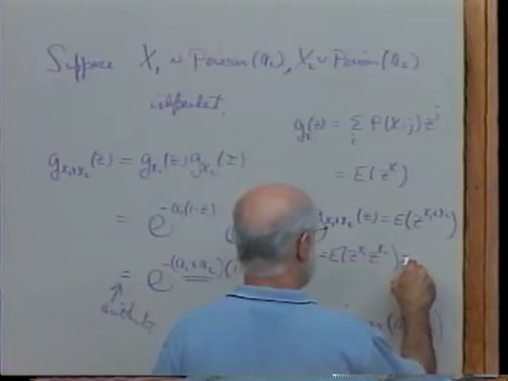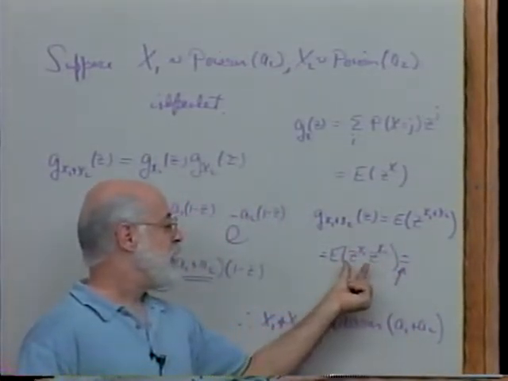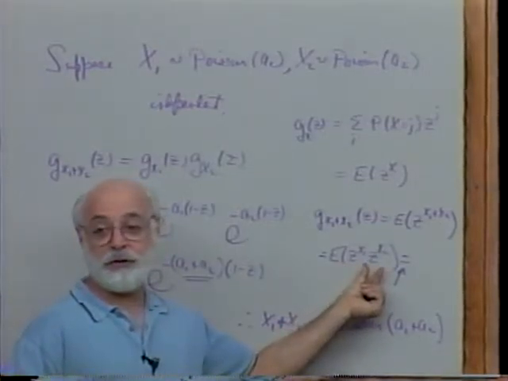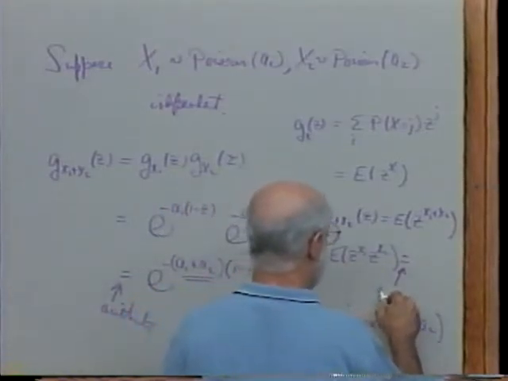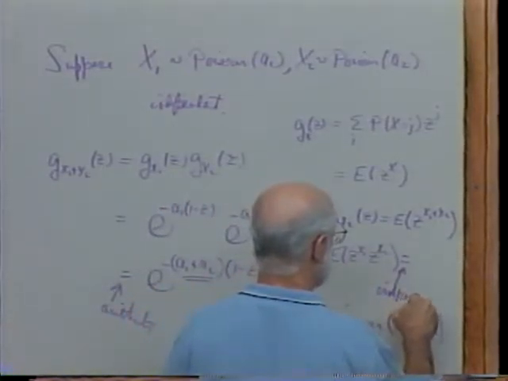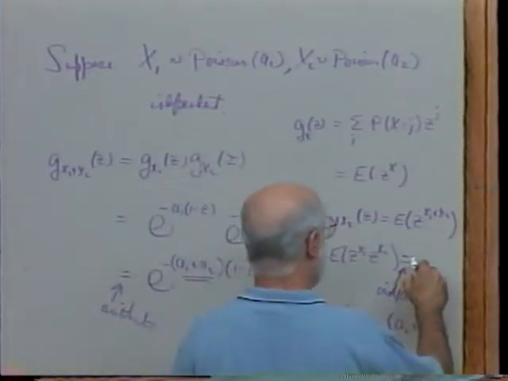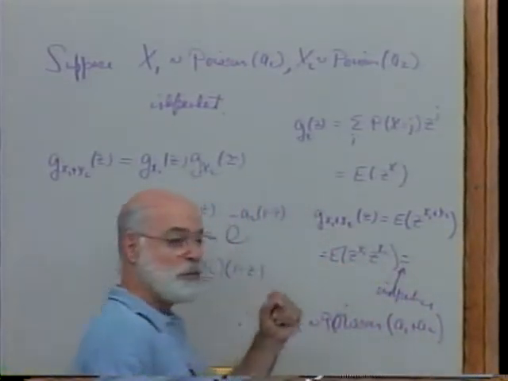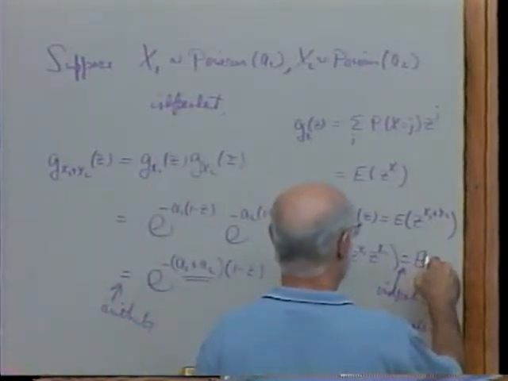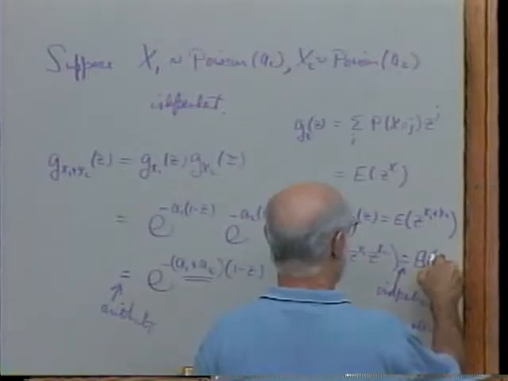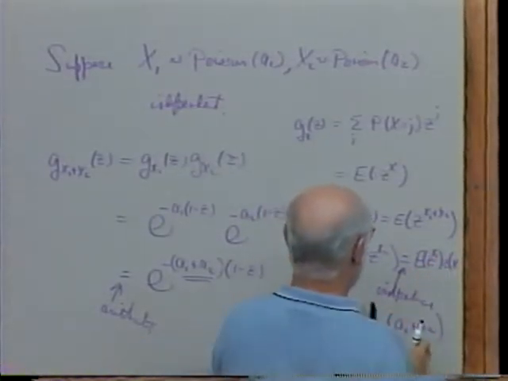But if x1 and x2 are independent, then obviously z to the x1 and z to the x2 are independent. z is just a number. So by independence, if I assume independence, then the expected value of a product is the product of the expected values.